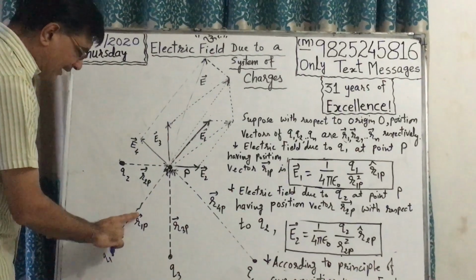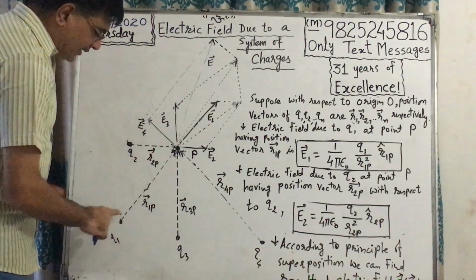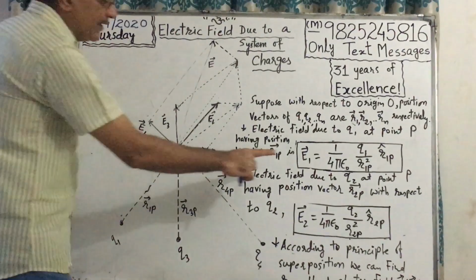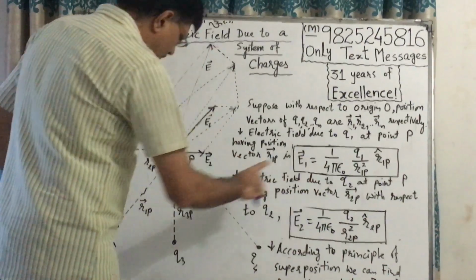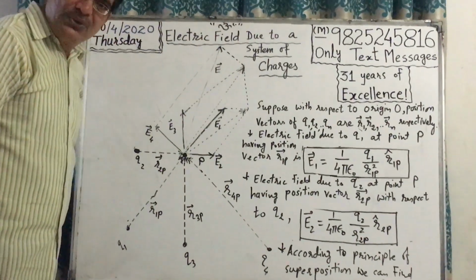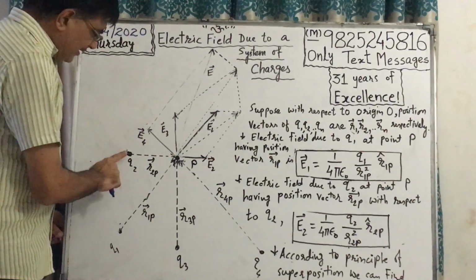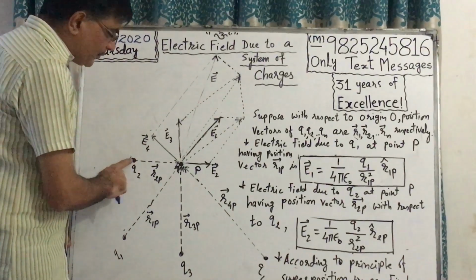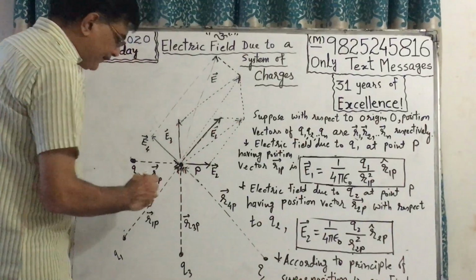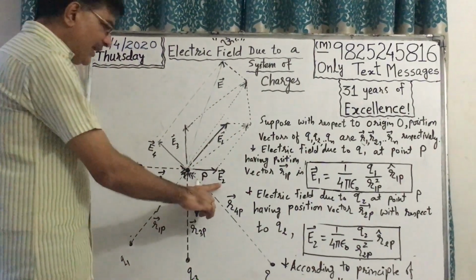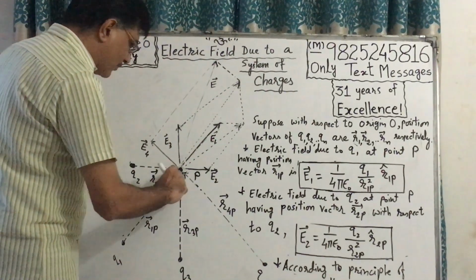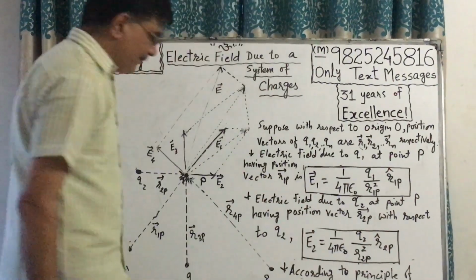Now the electric field intensity due to Q1 at point P is 1 upon 4 pi epsilon naught Q1 upon R1P square into R1P cap. Similarly, with respect to Q2, the position vector of P is vector R2P, and the formula is E2 equals 1 upon 4 pi epsilon naught Q2 upon R2P square into R2P cap.